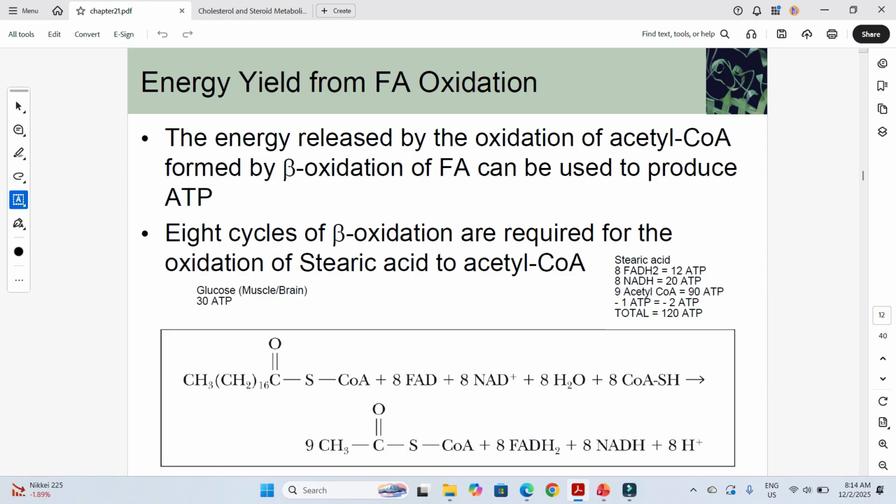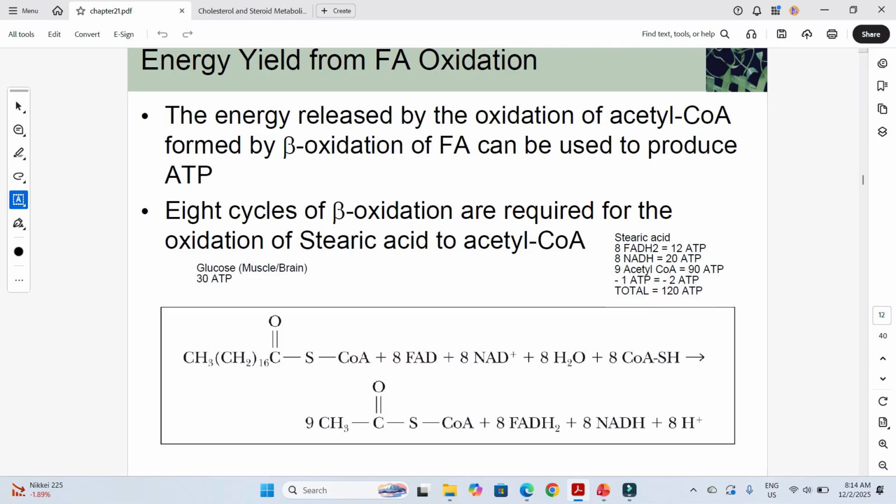But the more important reason for studying this is to be able to appreciate exactly the differences in the amount of energy that one can obtain from different molecules and be able to apply it to understanding the metabolic consequences, right, of utilizing a certain kind of molecule as fuel. Okay, I hope that is clear.